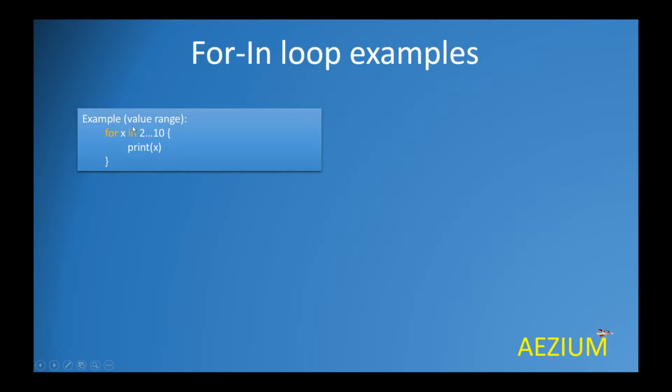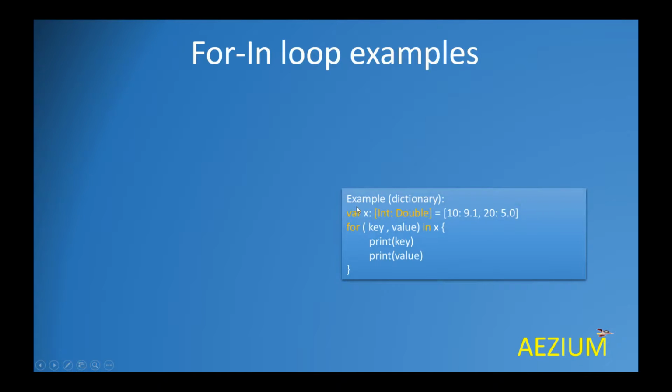And for each value which is assigned to x, print x prints the value which is assigned. The process continues until the last element of the loop parameter is assigned to x.